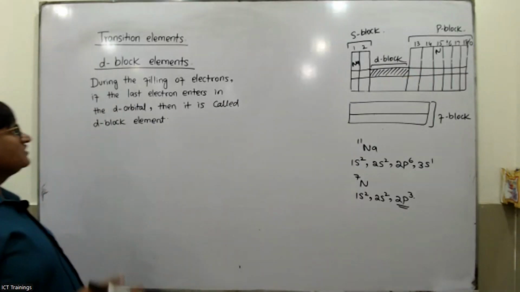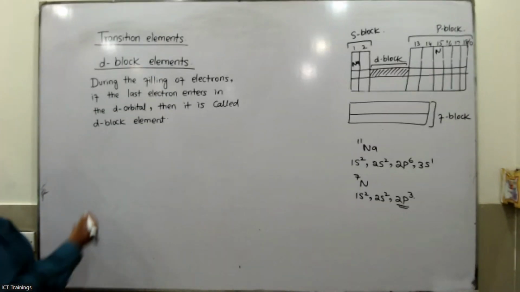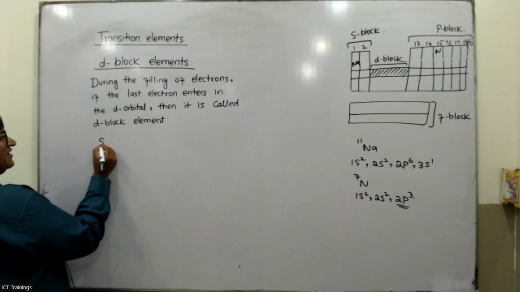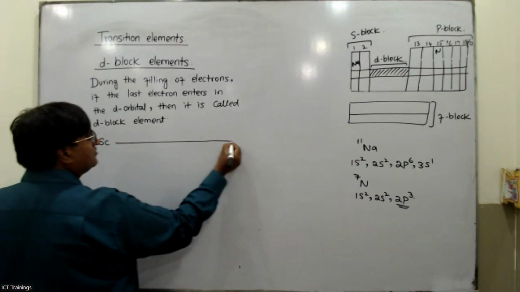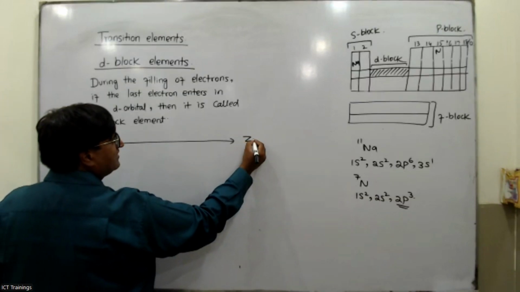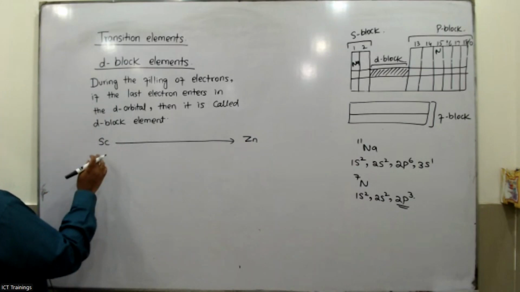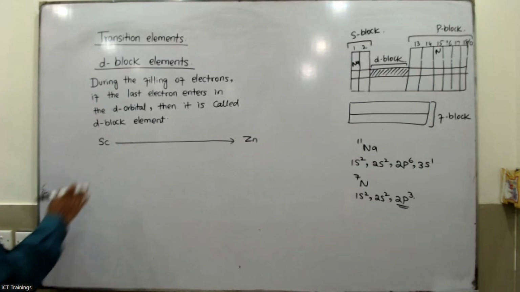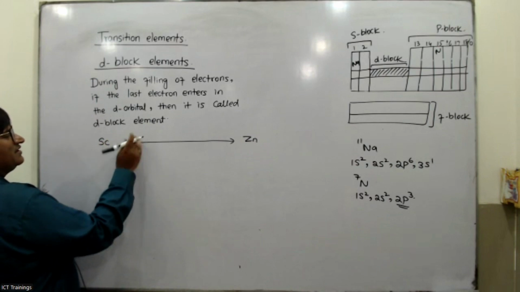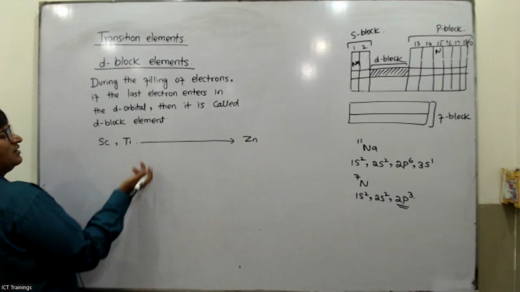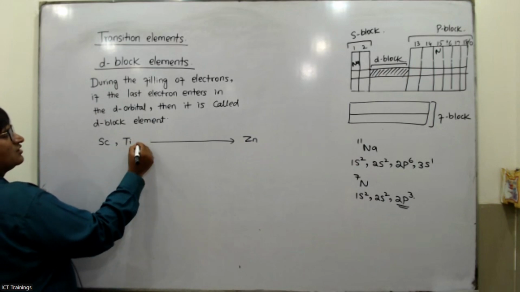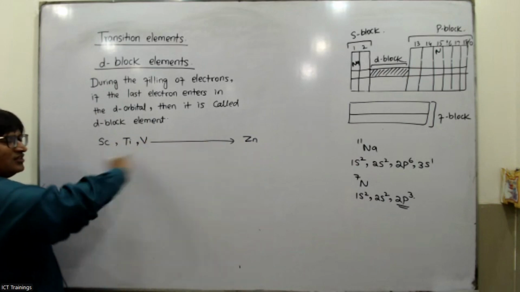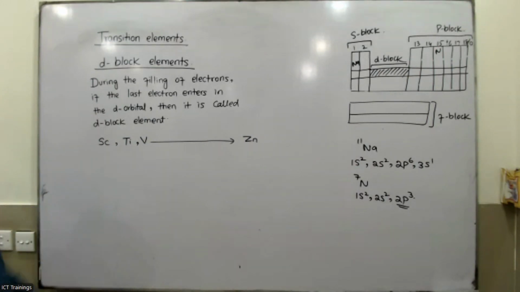Period 4 D block elements are in our syllabus, and they start from scandium and end at zinc. From scandium to zinc, you can open up the periodic table. After scandium, you get titanium. After titanium, you get vanadium. So all these 10 elements are present up here.